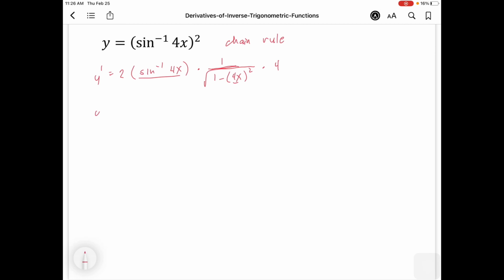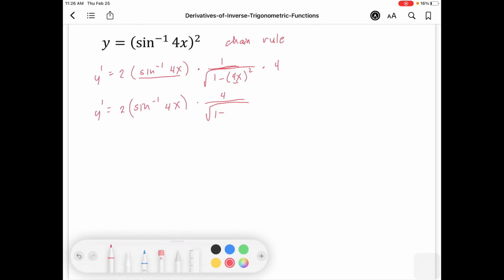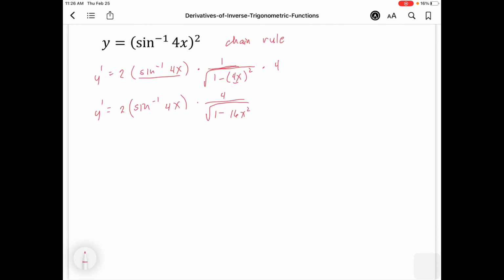So, this will be y prime is equal to 2 sine negative 1 4x times 4 over the square root of 1 minus 4. Simplify na natin. This will be not 4. So, this will be 16x squared.